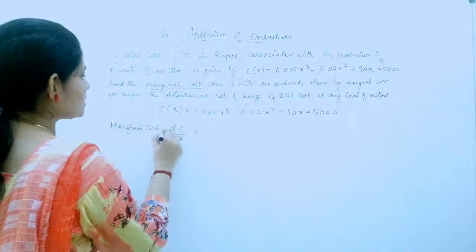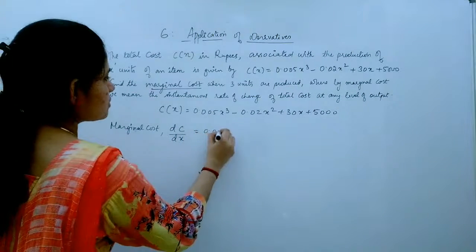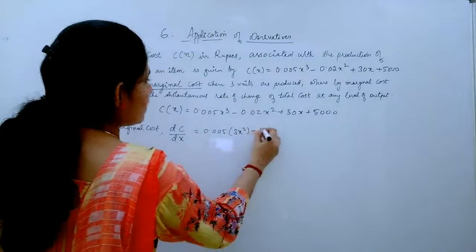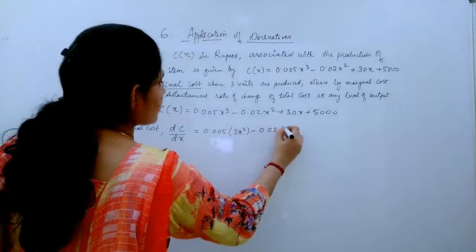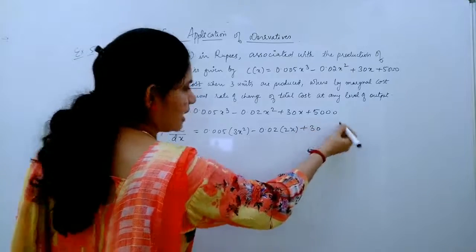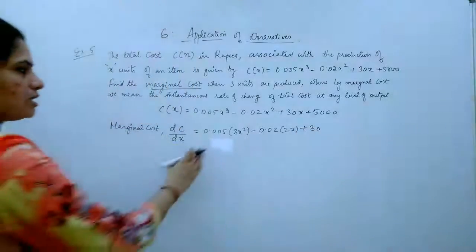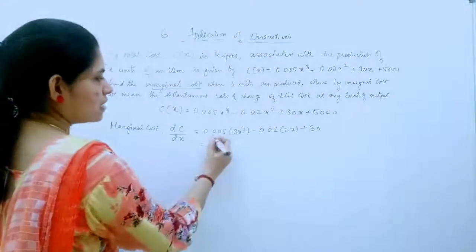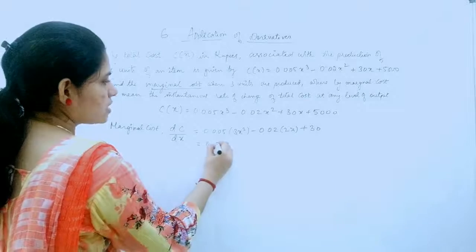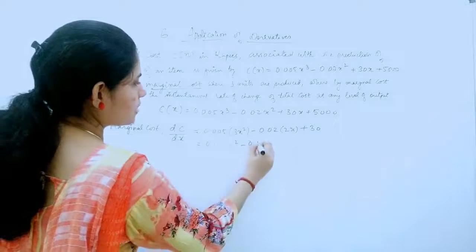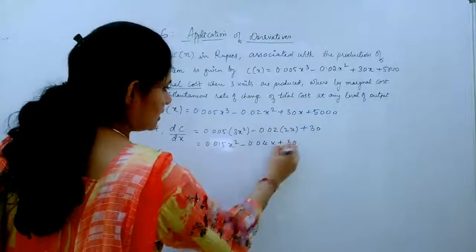So what you will get is 0.005 into the derivative of x cube, which is 3x square, minus 0.02 into the derivative of x square, which is 2x, plus 30 into the derivative of x, which is 1, and the derivative of 5000 is 0. So you are getting 3 into 0.005, which gives 0.015 x square, minus 0.04 x, plus 30.